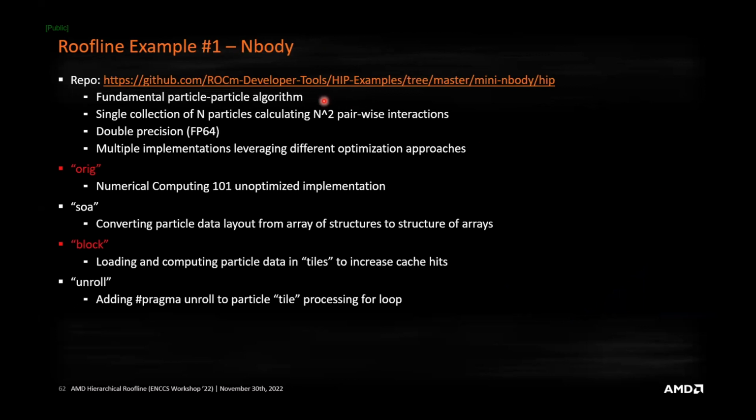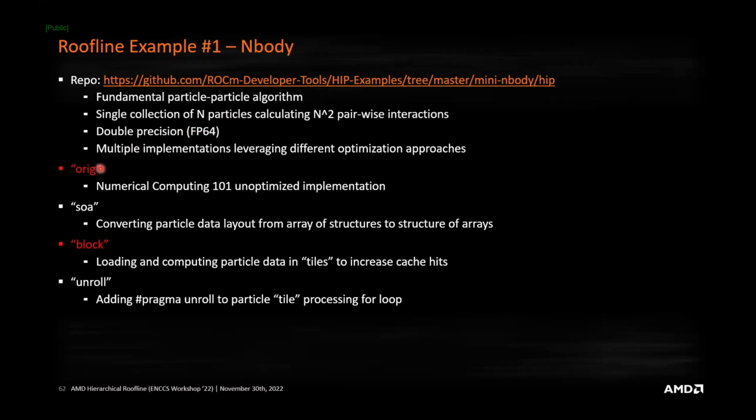It's, again, the fundamental particle-particle method. We have a collection of n particles in our domain, and we have to compute all n-squared pairwise interactions. In this case, I updated it so it's FP64. I think the publicly available one is FP32. It's just a simple search and replace. What's great about this implementation is it provides multiple different implementations with different potential optimization approaches.